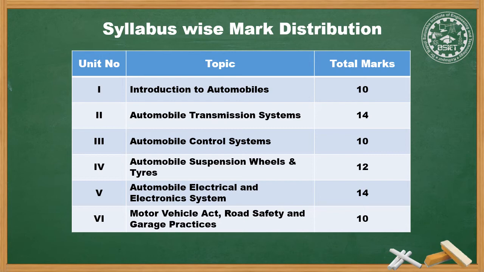This is also an important chapter as the different electronic or electrical equipments used in automobiles will be studied in this chapter. And the last is Motor Vehicle Act, Road Safety and Garage Practices.